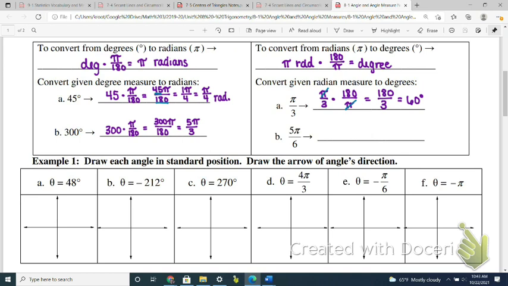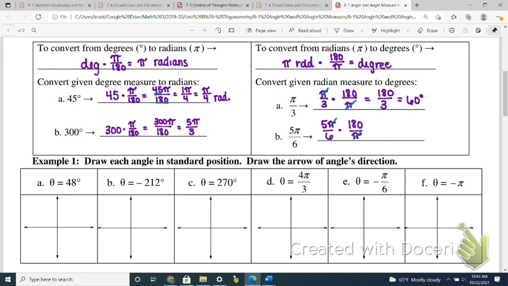So hopefully you were able to pause the video and do 5 pi over 6. So let's write it out. It's going to be 5 pi over 6 times 180 over pi.